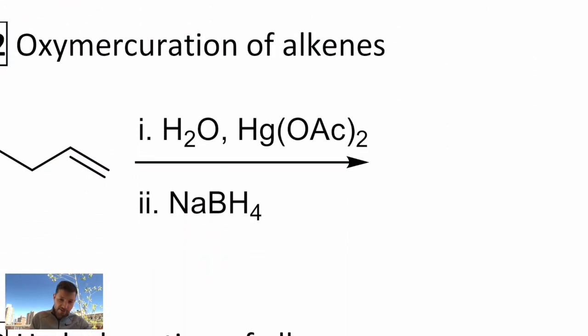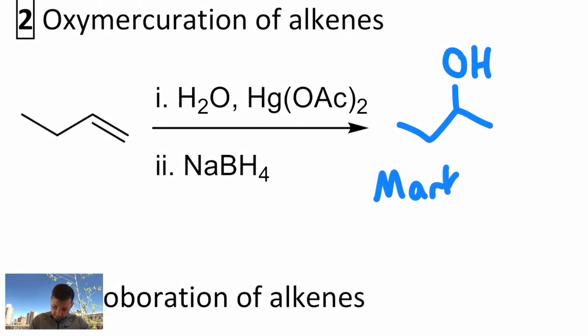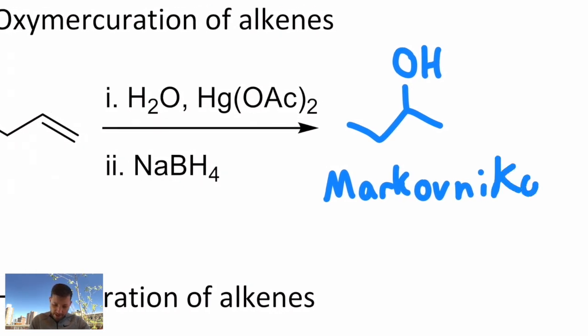Right below it is actually the same transformation, but it's a little more stereoselective. This is oxymercuration. You also get Markovnikov addition of H and OH. Now, I can't tell in this example, but you do get anti-addition as well.